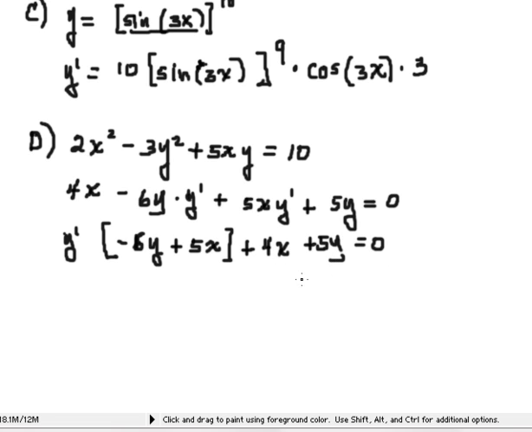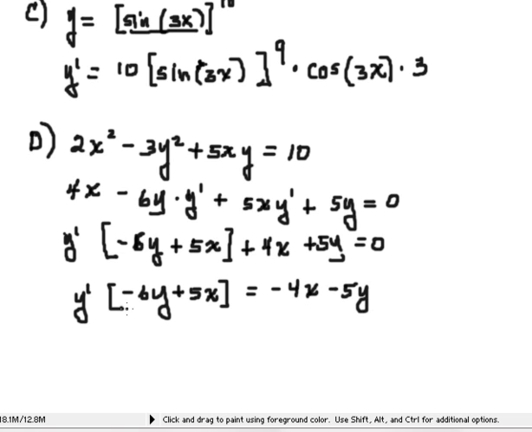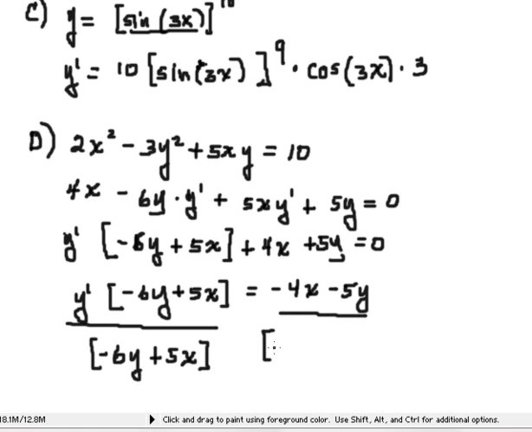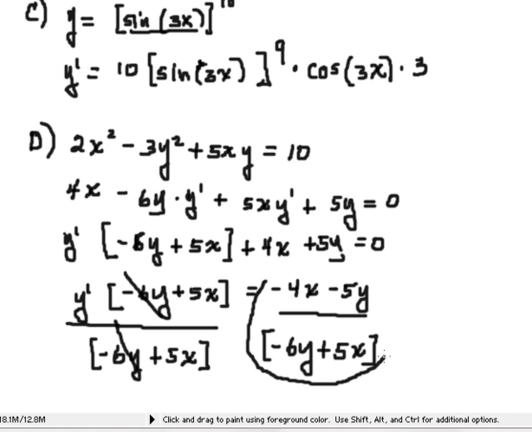Let's put these two terms on the other side of the equal sign. And finally, divide by whatever's multiplying y prime, whatever's in the brackets here. And we have y prime is equal to this expression that contains x's and y's.